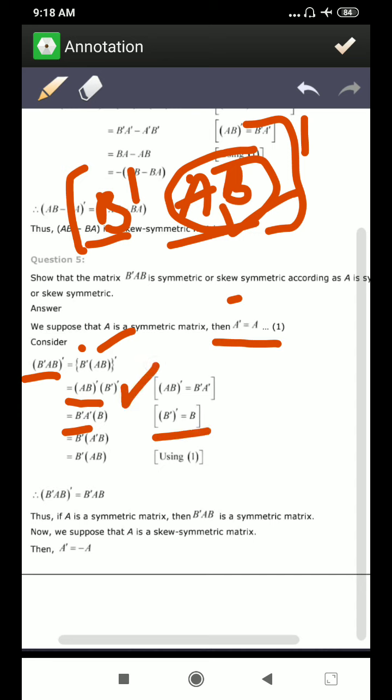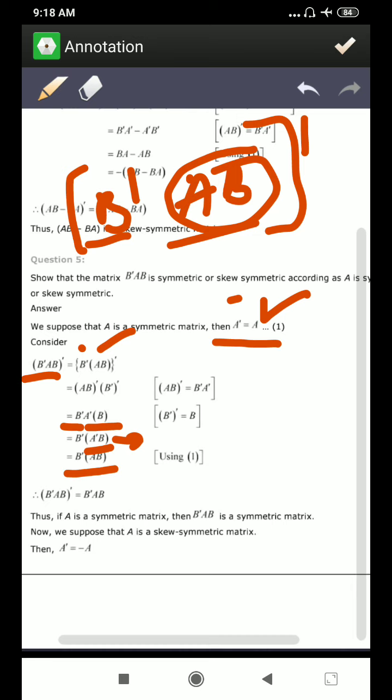That we know. Now you again reclub them. Keep this B transpose as it is and A transpose into B in this bracket. As A transpose is already given equal to A, we can replace A transpose by A. So it will be B dash into AB.